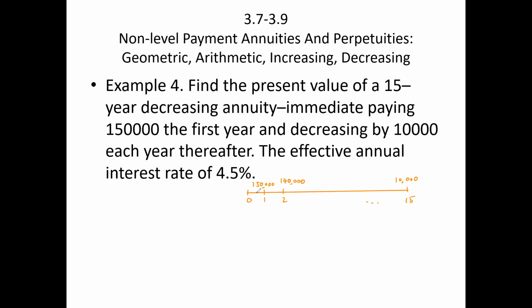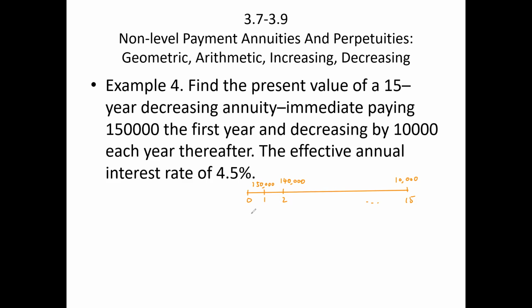The way I look at it is that 15 plus 1 is 16, 14 plus 2 is 16, so 1 plus 15 is also 16. So the last payment is not 0, it's 10,000. We're looking for the present value.